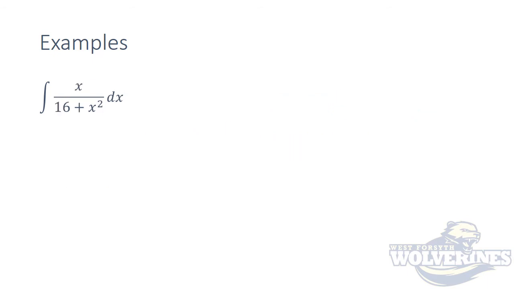Okay, what I want you to notice first about this example is that it's very similar to the previous example, but there's an x on top. So don't assume that if you have something squared plus something squared in the denominator that it's trig sub. You should always try u sub first, and u sub actually is going to work here.